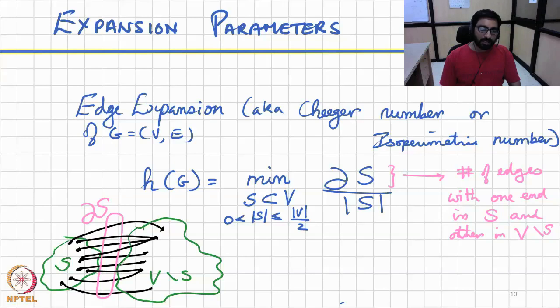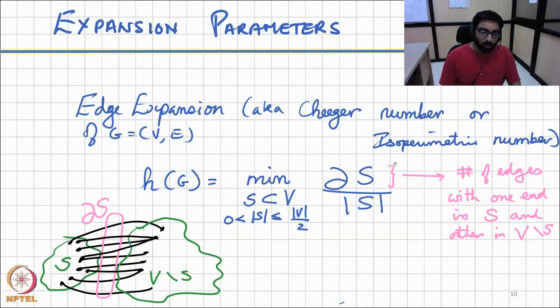If this is the set S and this is the set of vertices outside of S, this dou S, if you will, is the number of edges that are going from S to V minus S. And this ratio that we're interested in is dou S over the cardinality of S.